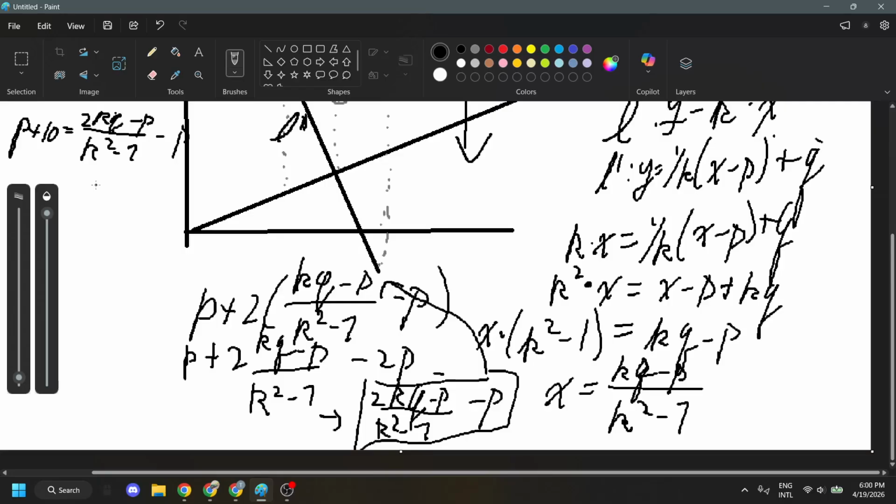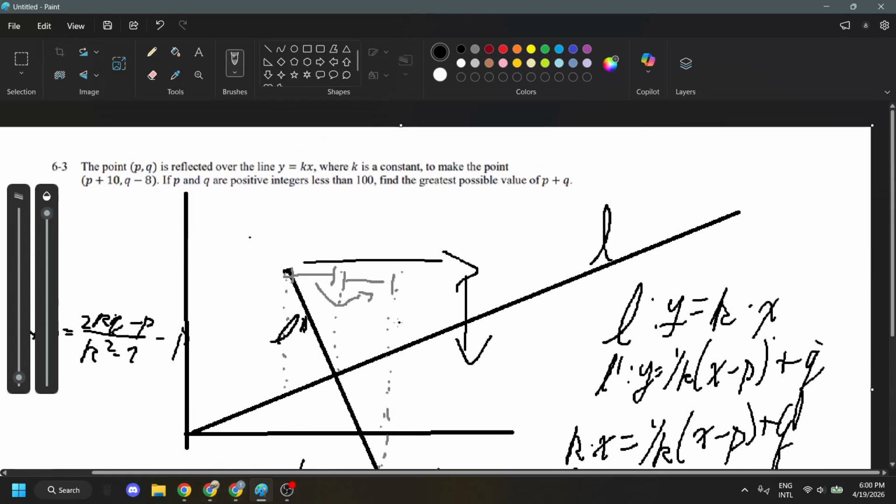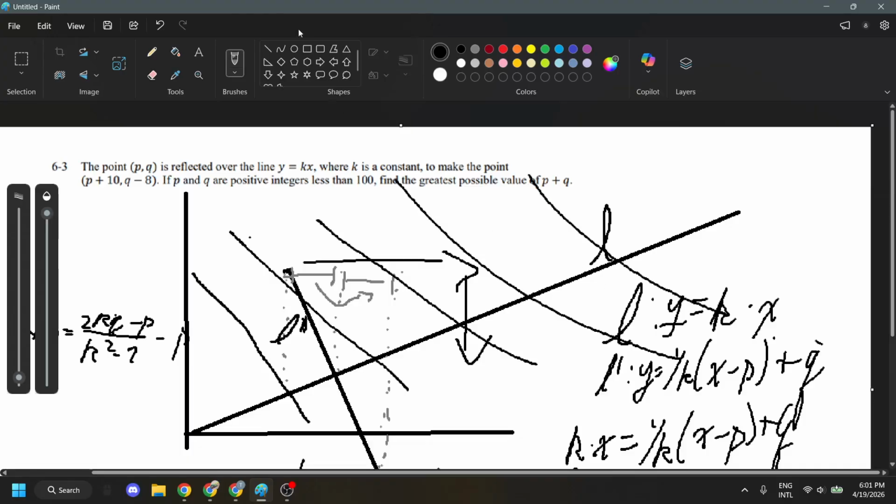I think I should think about it more conceptually. If I'm trying to find the maximum value of p plus q, I'm trying to find the largest p plus q. So it's going to look like the gradient is like this.